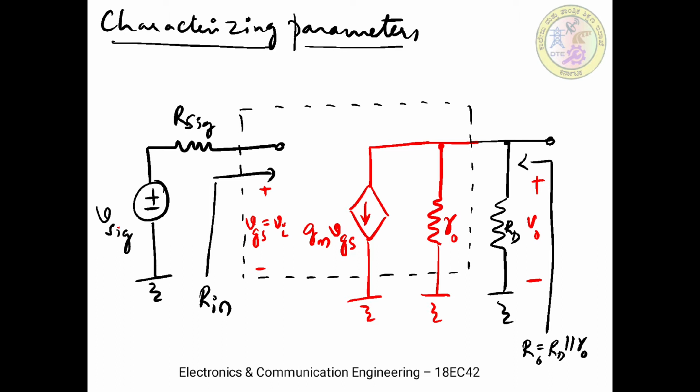So therefore now this is the method to draw the equivalent circuit for the common source amplifier without source resistance. Okay. Then first of all we will write what is the input resistance Rin. So this is our first characterizing parameter, the input resistance Rin.